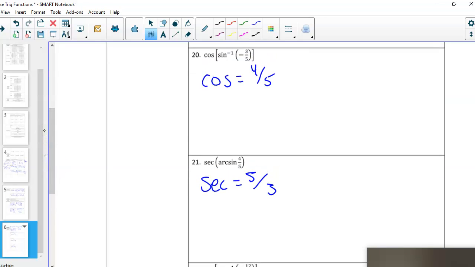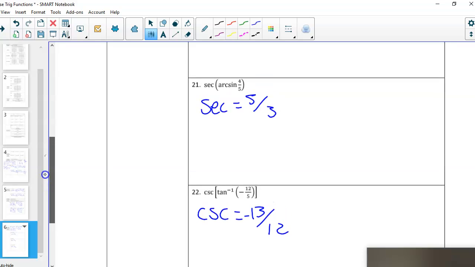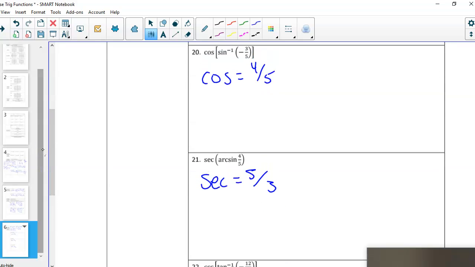So 4/5, 5/3, and negative 13/12 were your answers to those 3. Next class, if you have questions on those 3, we'll go over them.